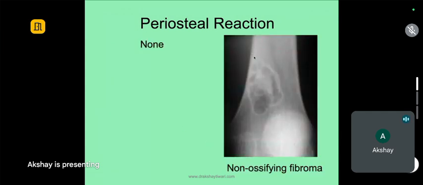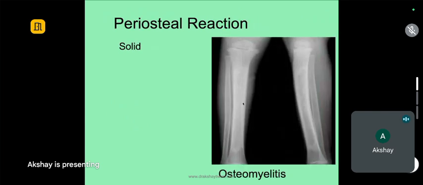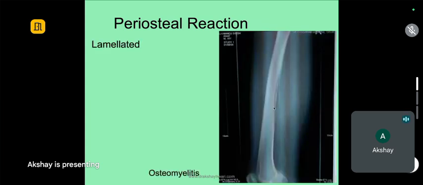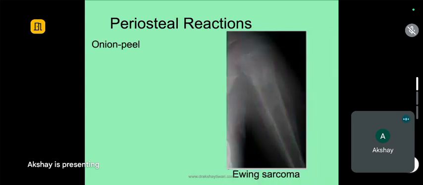So a benign tumor will have no periosteal reaction, or it will be a solid periosteal reaction. What happened in solid? It elevated a little, but the periosteum had time, and it starts forming new bone. But in lamellated, the periosteum gets elevated, and before it gets time to form bone, it gets elevated further.